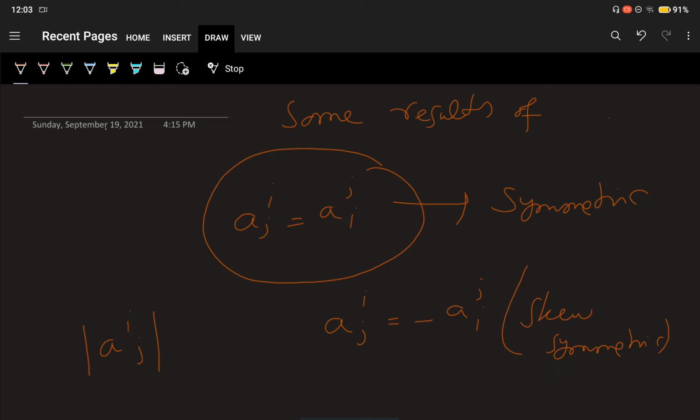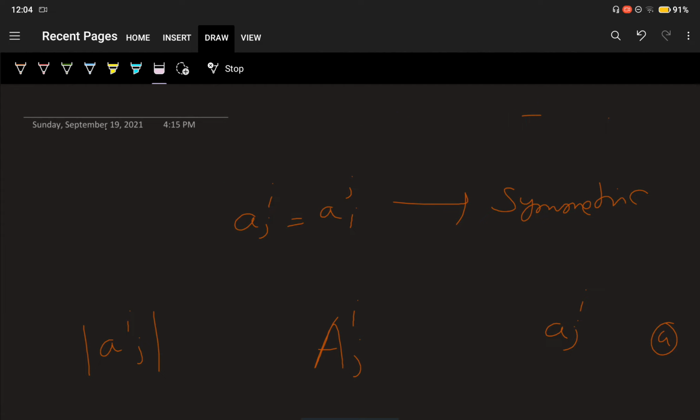Now if capital A_ij denotes the cofactor of element a_ij in the determinant A, then the sum of the product of the elements of the ith row is equal to A if i equal to j and to 0 if i not equal to j.